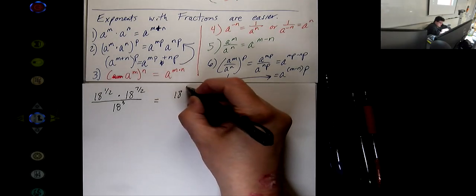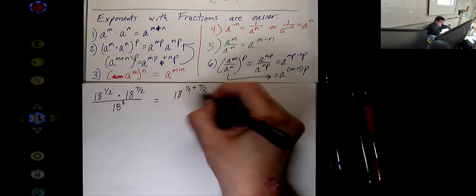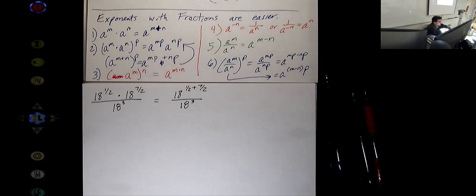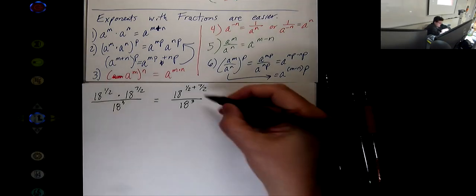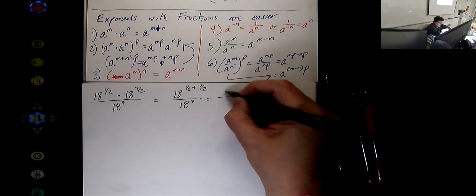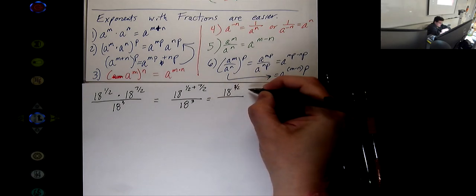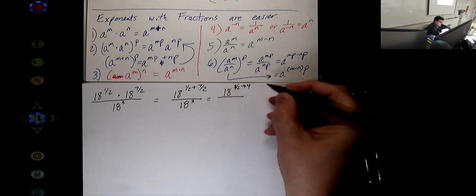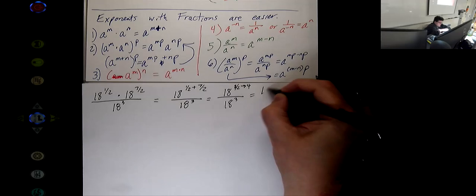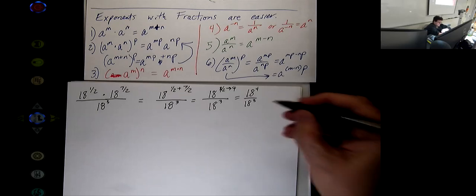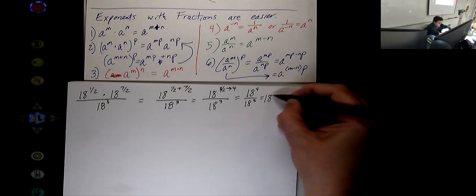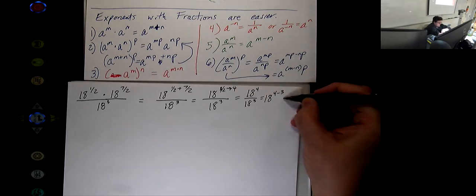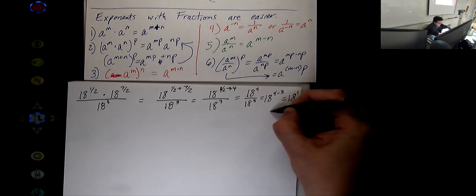I can treat that as 18 to the 1/2 plus 7/2. And when I add 1/2 and 7/2, I get 8/2, which is really just 4. So I have 18 to the 4th power over 18 to the 3rd power. And so I can subtract exponents, and I get 18 to the 1st power, which is just 18.